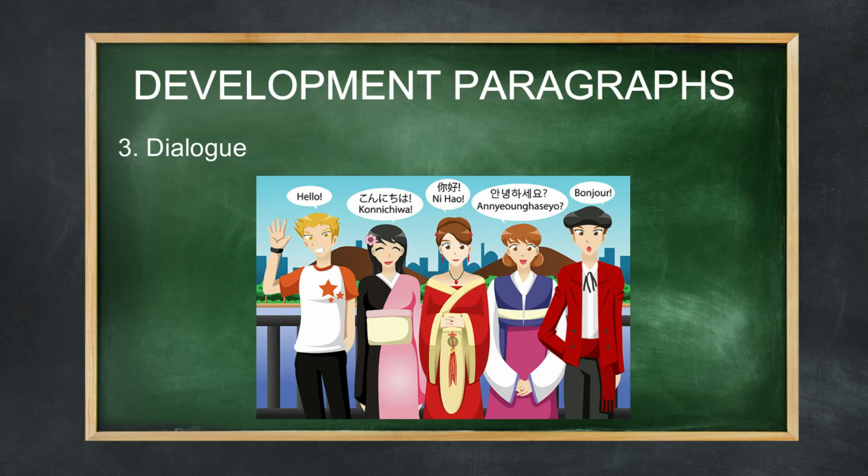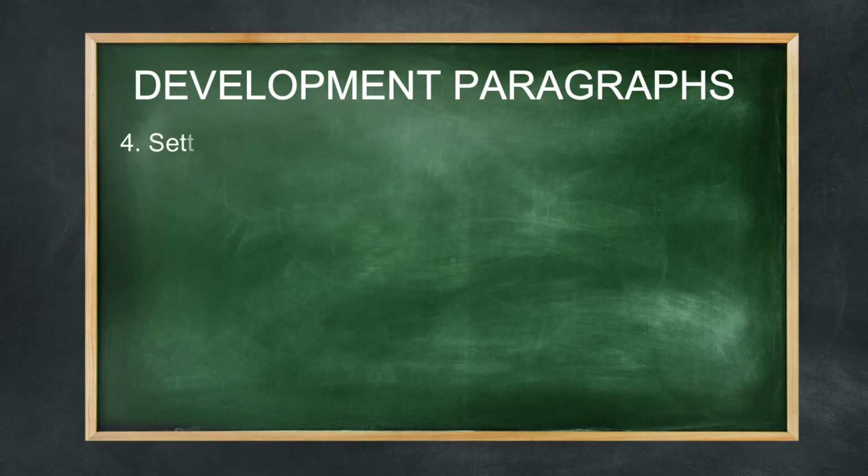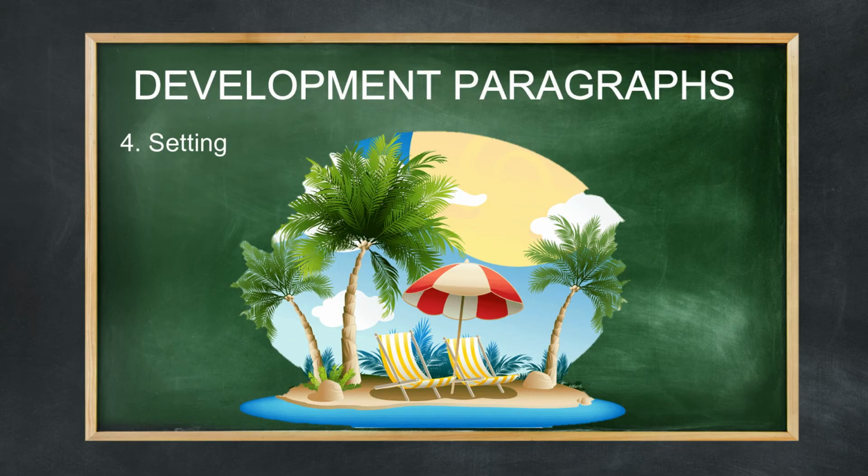Tell if the dialogue sounds authentic, meaningful, or if it reads well when you read it aloud. 4. Setting. Tell if it seems to be the right place for the story. If it is a real place, has the author researched it enough? If it is a fictitious place, has the author planned the setting carefully, making it seem alive and real?